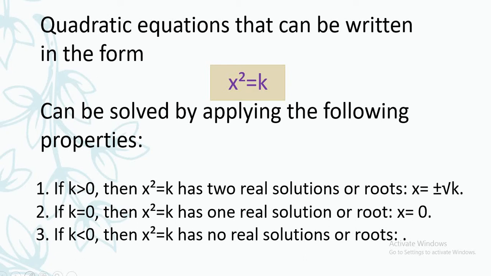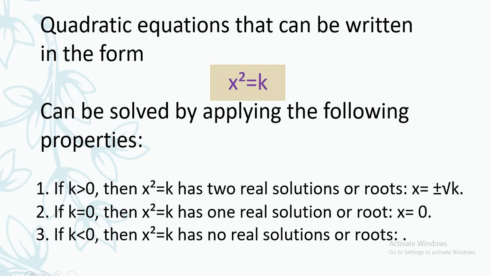Yes, that's correct. All positive numbers: 1, 2, 3, 4, 5, and so on. Then x squared is equal to k has 2 real solutions or roots, and that is x is equal to positive and negative square root of k. So, may dalawa kang real solution na makukuha.